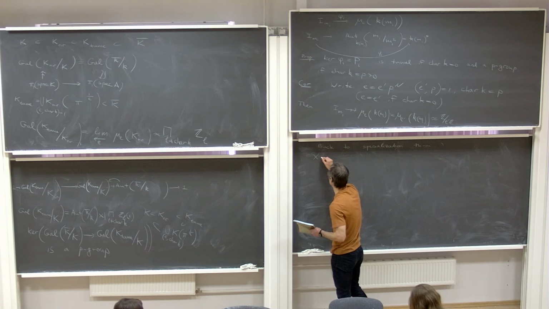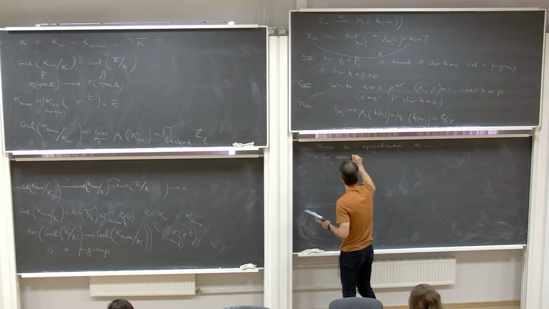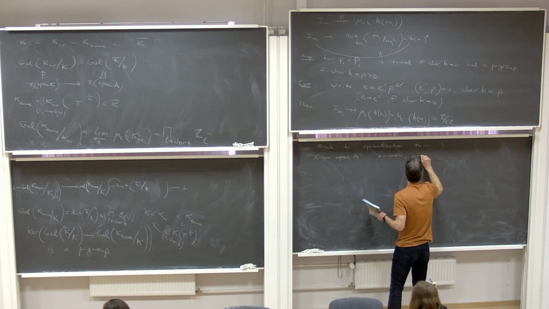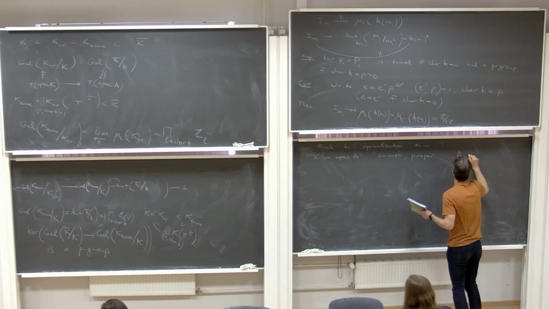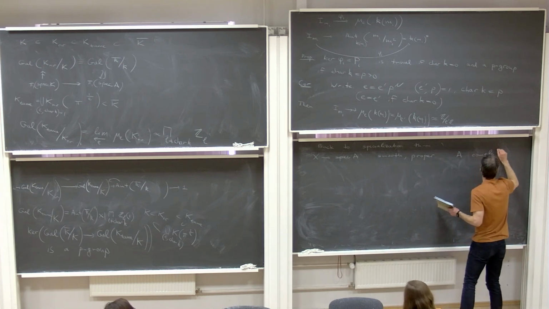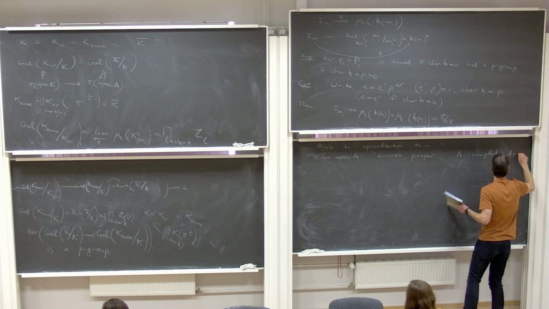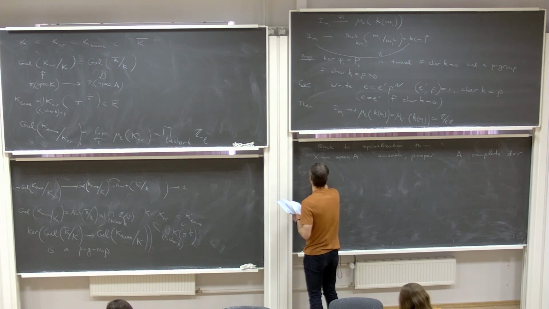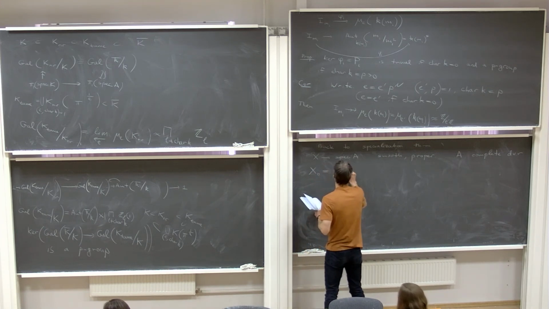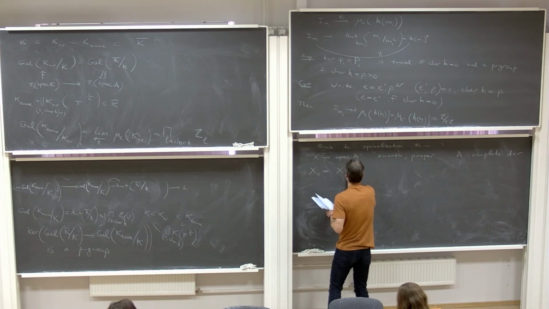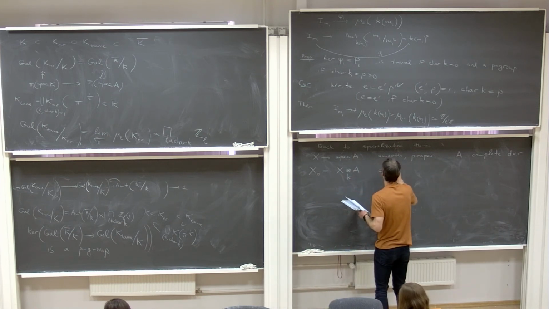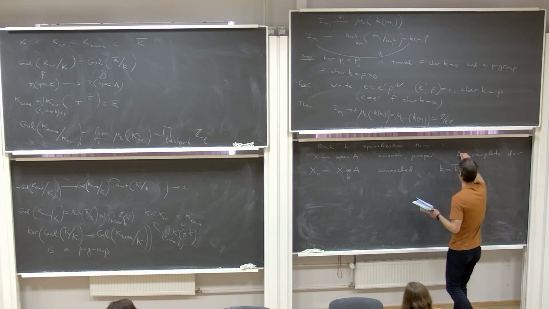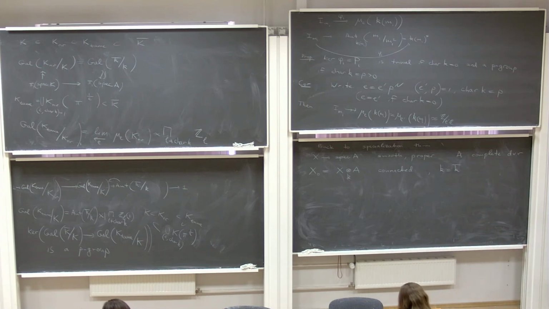We have X over Spec A, which is smooth, proper, A a complete DVR, X0, the special fiber, is connected, and k is algebraically closed, the residue field of this discrete valuation domain.